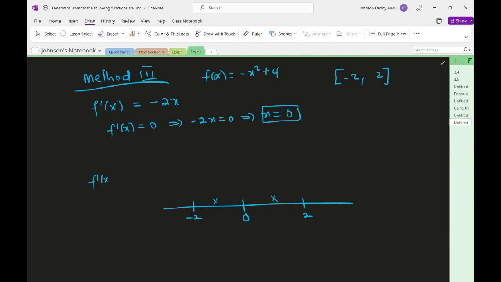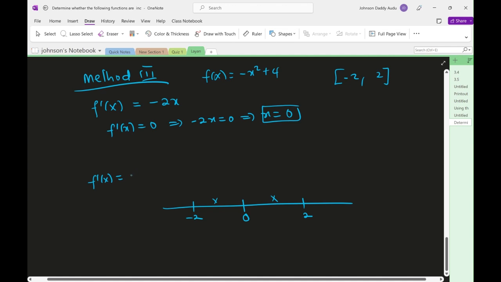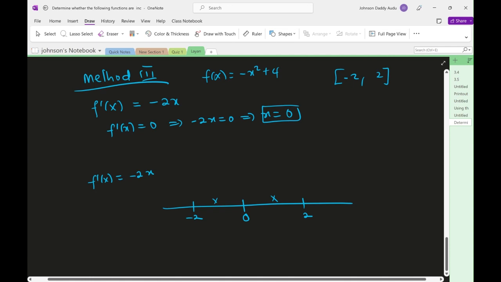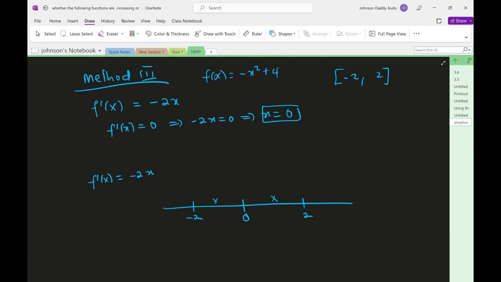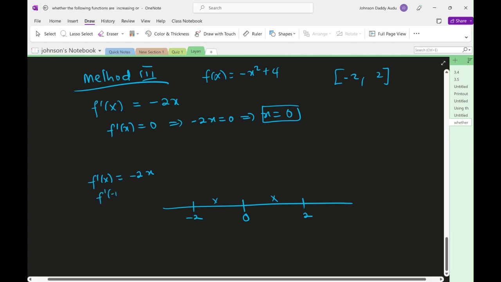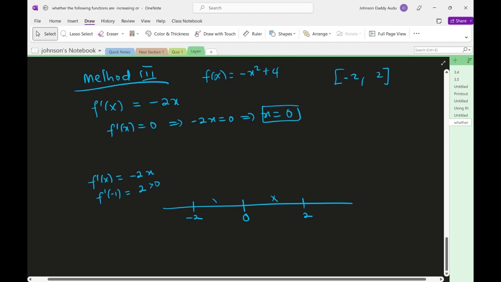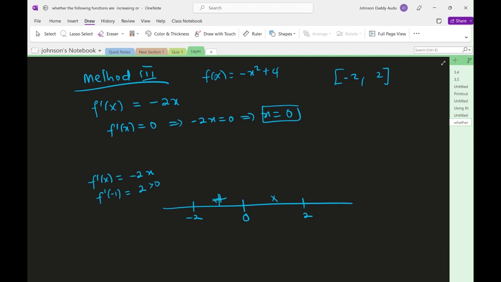Don't forget that f prime of x is -2x. So all you need to do is take any number between -2 and 0, for example, -1. If you take -1, you will see that f prime of -1 is going to be 2, which is a positive number. So it's telling you that between -2 and 0 it is positive.